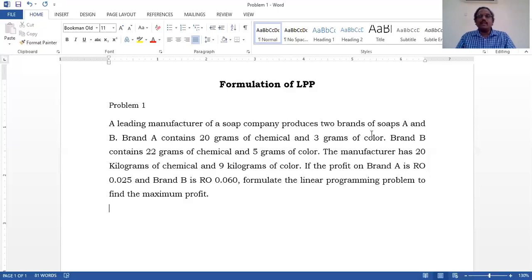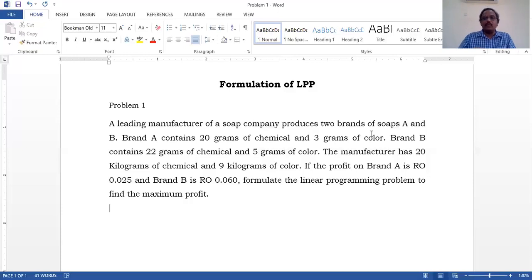Next, they have given the available resources. The manufacturer has 20 kilograms of chemical and 9 kilograms of color. He is having only 20 kilograms of chemical and 9 kilograms of color. Using these available resources and the constraints required for brand A and brand B, he has to produce soap A and soap B. How many quantities he has to produce?